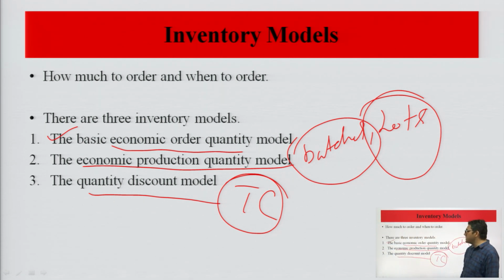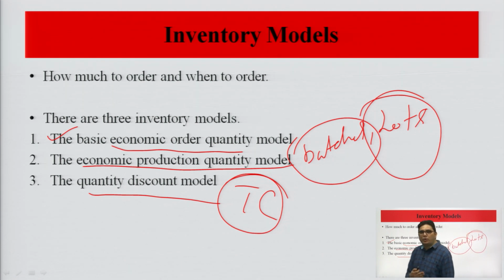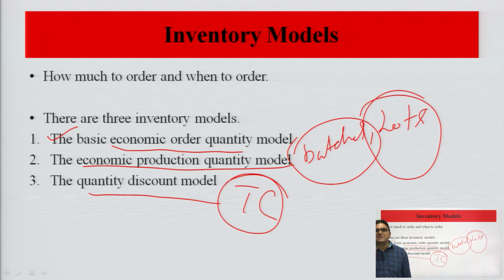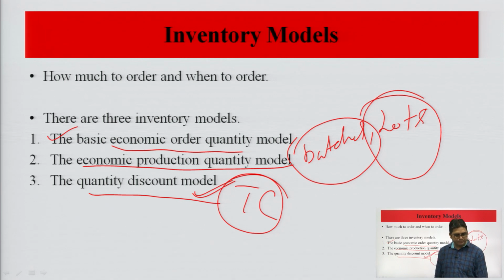And third is the quantity discount model: the company offers many options to get a discount, and the consumer identifies which option has the least cost. The quantity discount model tells us the minimum cost option.